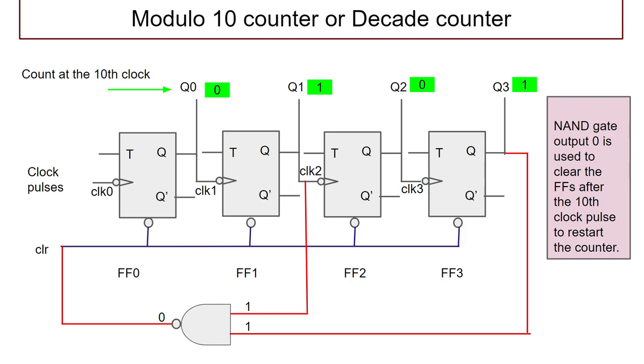It can be a 2-input NAND gate, or it can also be a 3-input NAND gate, depending upon the number of bits which are taking value 1, and the output of the NAND gate should be supplied to the clear inputs of the flip-flops, so that at the nth clock pulse all the flip-flops are cleared. So this is the way we design a modulo n counter, and here it is a modulo 10 counter, and hence it's also called a decade counter.